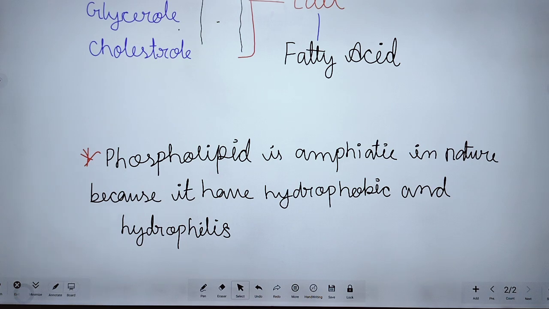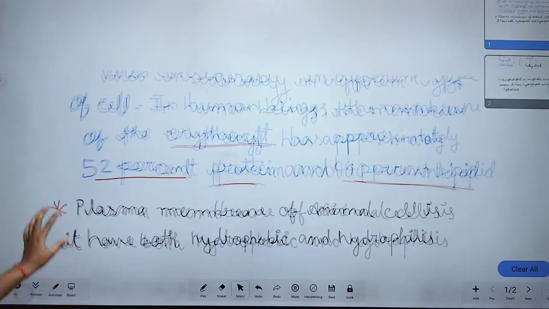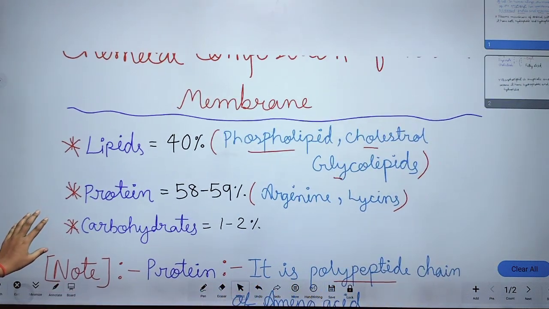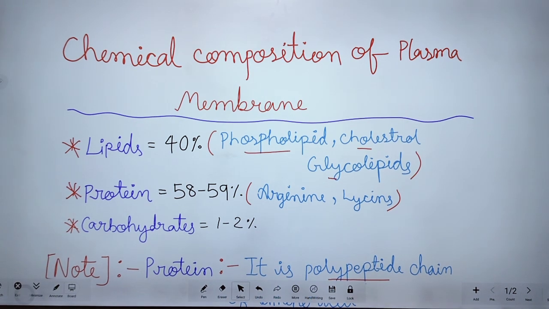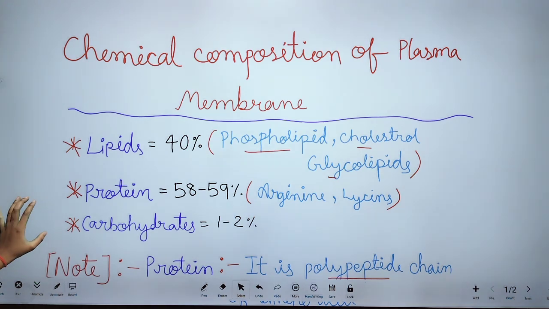The chemical composition of plasma membrane: the first is lipid, protein, and carbohydrate. There is 40% lipid present in plasma membrane, 58 to 59% protein and 1 to 2% carbohydrate.